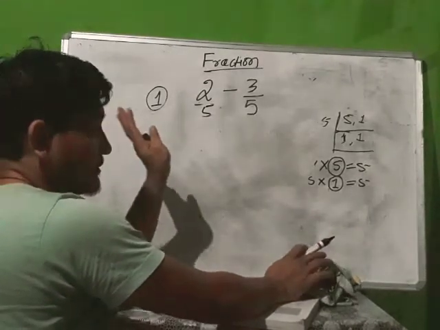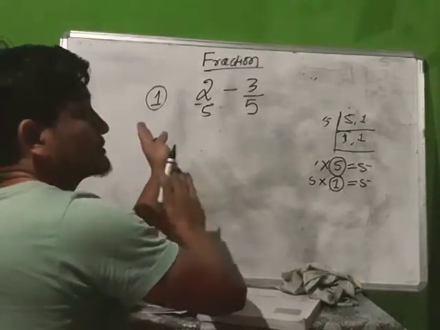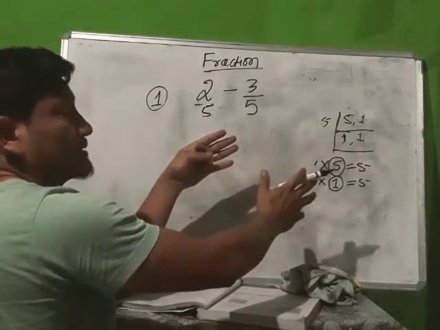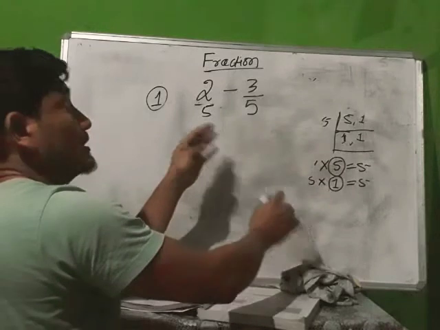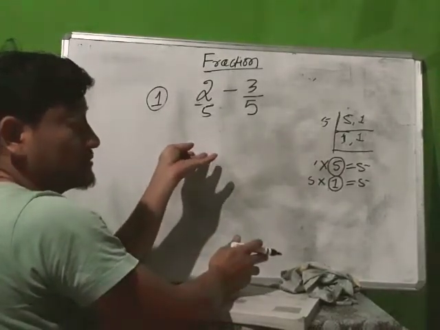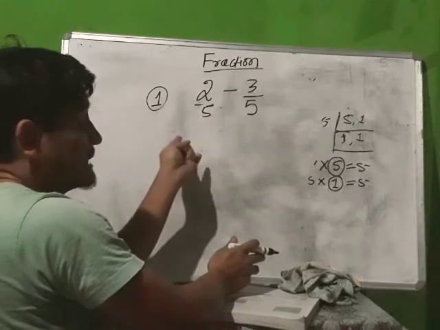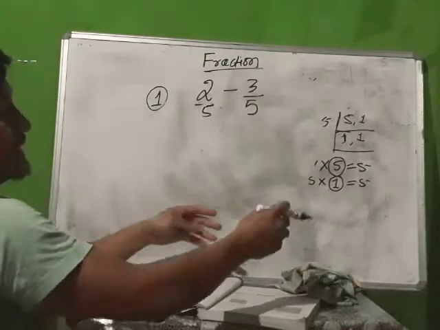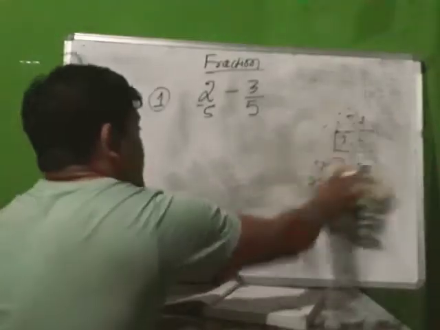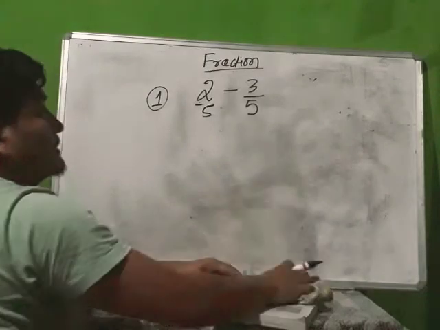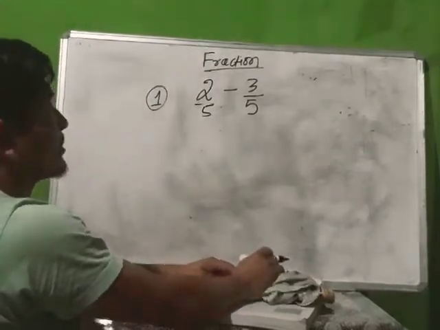But you don't have to go with the process of prime factorization or any other method. You need to find the LCM of the given two denominators, but in an easy way. I'll show you how to do that, so just watch it properly.